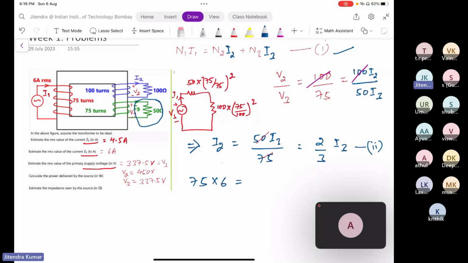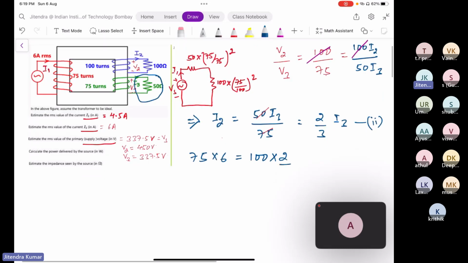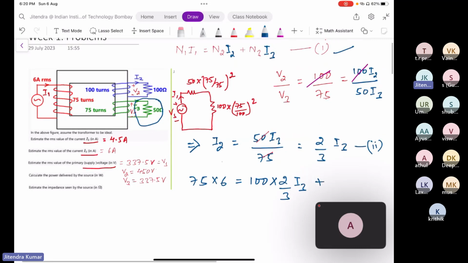And since 6 ampere is RMS, whatever current we compute will also be an RMS value. So N2 we know is 100, and I2 we have already evaluated, that is 2 by 3 I3, plus N3 I3. N3 is 75, and again I3.